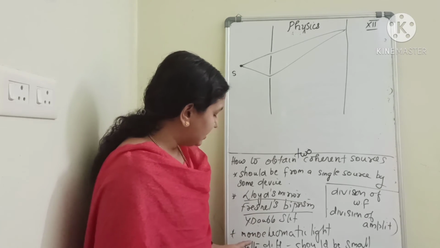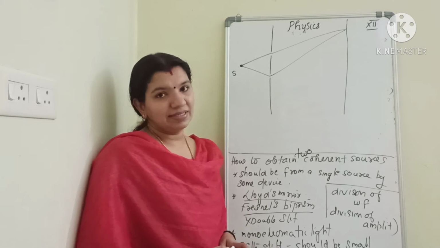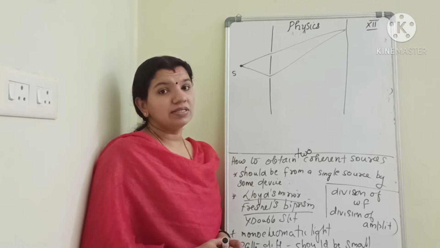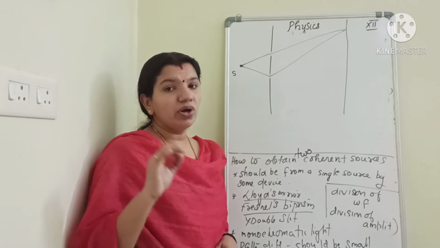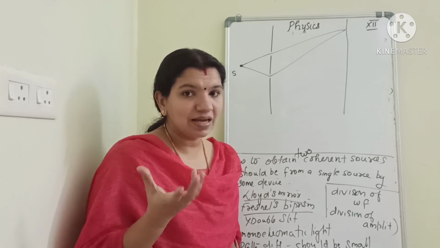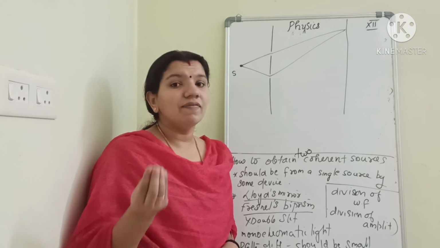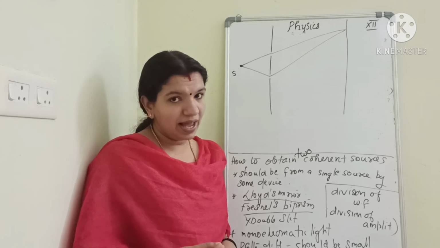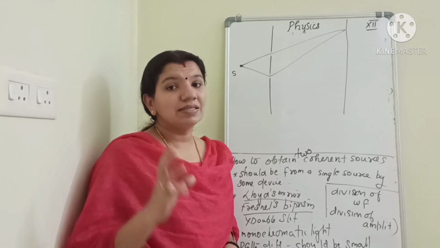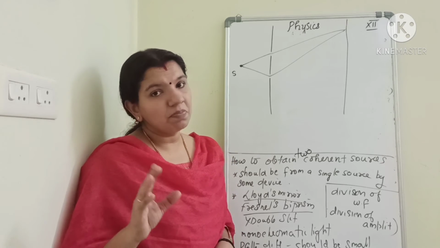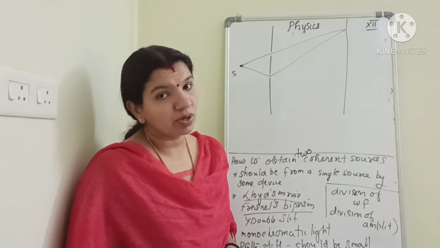Okay. Third is, we should use monochromatic light. Mono means what? Single, one. So monochromatic, chromatic means color, no? So single wavelength. The source of light should emit light of single wavelength or the same wavelength. That is what is meant by monochromatic light.